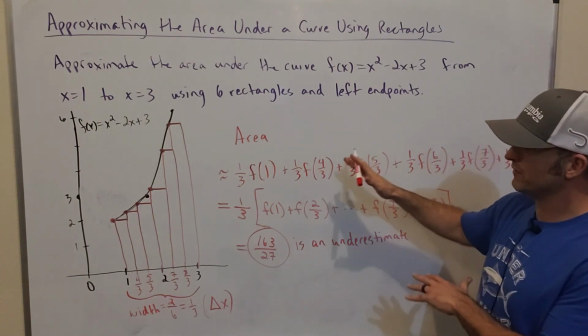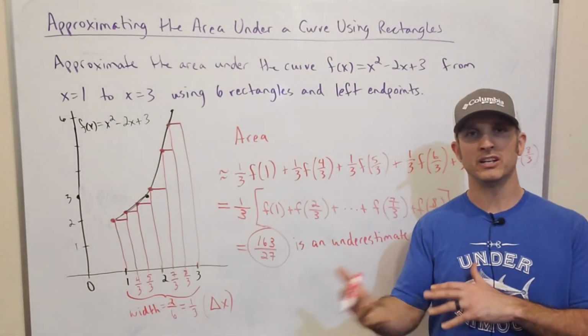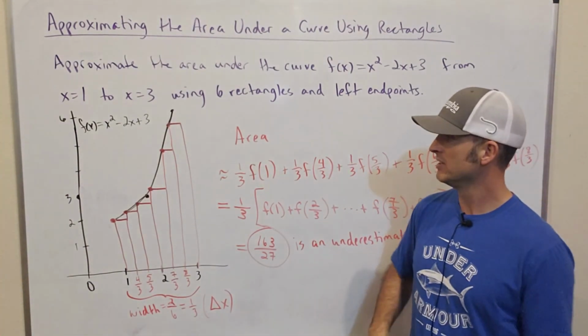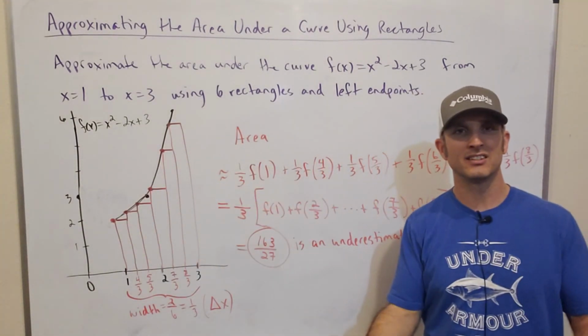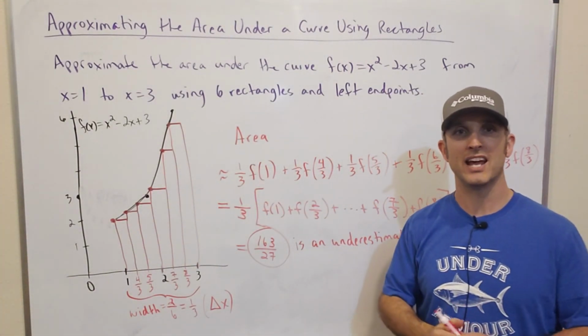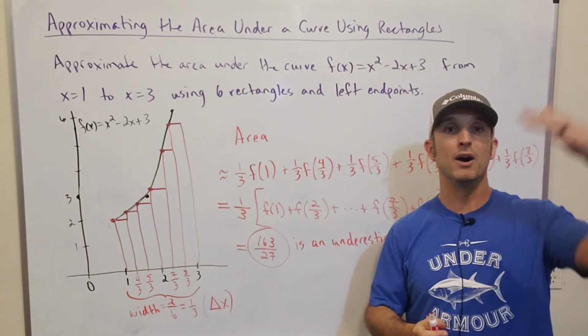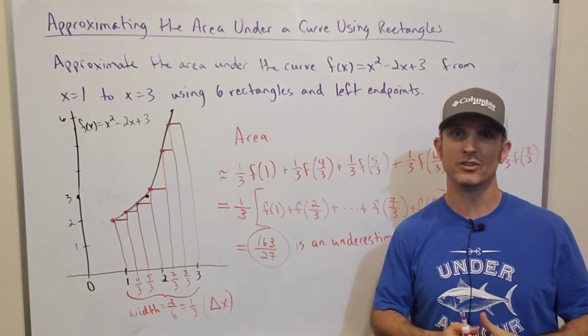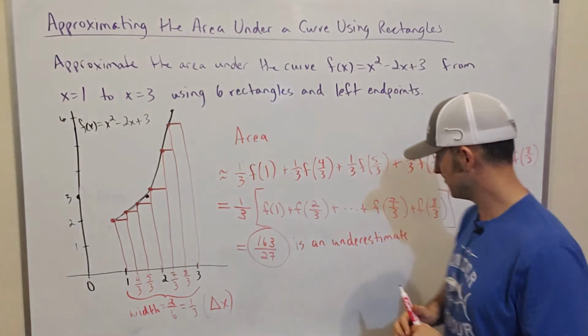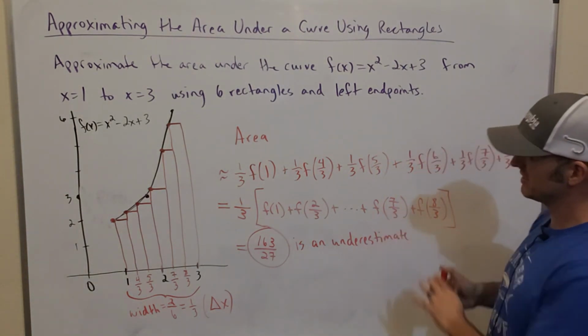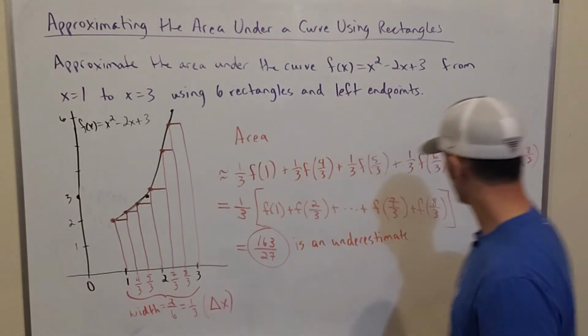It's not always true that if you use rectangles that you can tell if you get an underestimate or an overestimate. Depending on how your curve increases and decreases and is concave up, concave down, your rectangles could go above in some places and stay below in others. So the amount that they're off could sort of cancel each other out a bit. But this is the basic idea for approximating areas under curves.